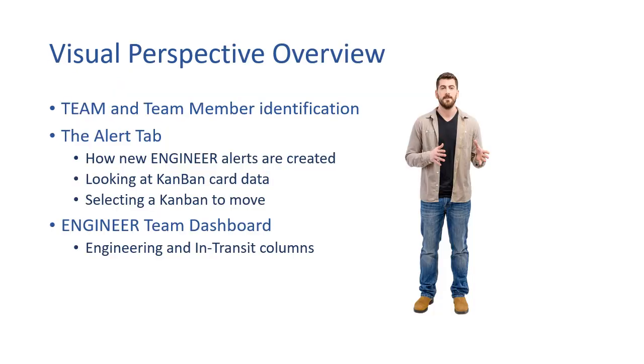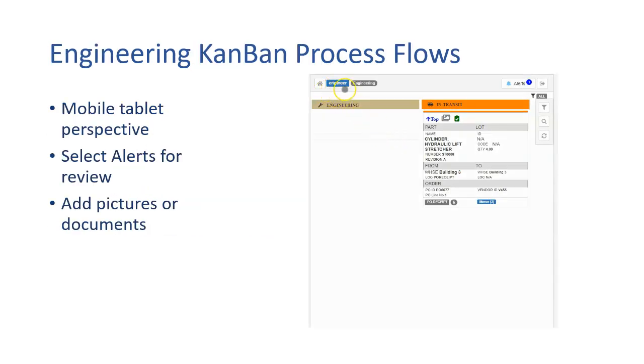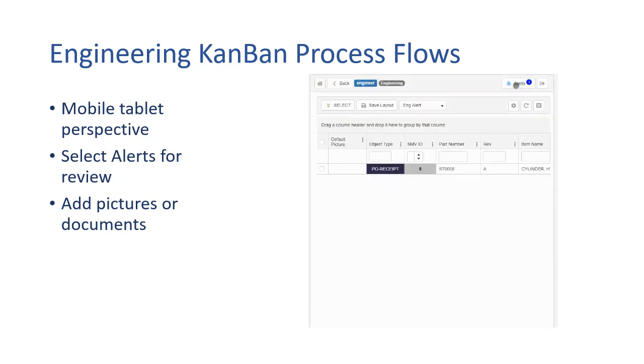The engineering team also has a visual perspective. An engineering team member will see new alerts have arrived for Kanbans that require engineering review. Selecting an alert Kanban puts the status of the Kanban as engineering, which shows engineering is currently reviewing the material. Engineering alerts are selected for active engineering review.